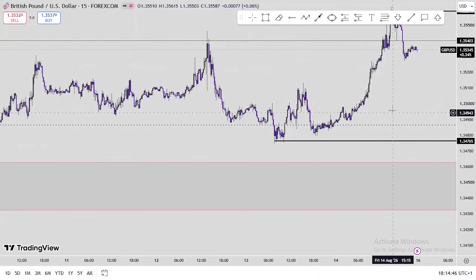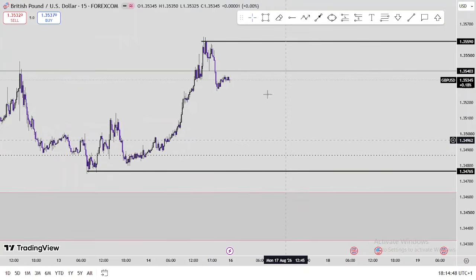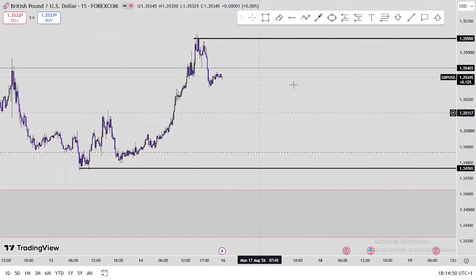So we are on the 15 minutes, again in line with our analysis on the 4H that we expect price to come back to these areas.